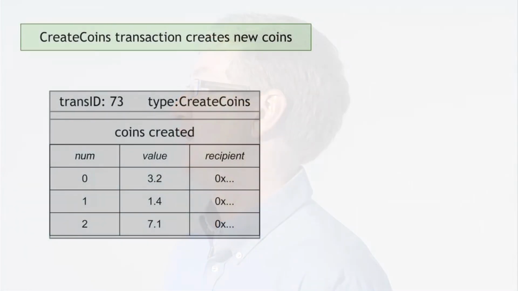All right. So in Scrooge Coin, there are two kinds of transactions. The first kind is a create coins transaction, and what it does is create new coins. That's like the operation Goofy could do in Goofy Coin that makes a new coin. But here, we're going to allow multiple coins to be created in one transaction. So here's what a create coins transaction looks like. It has transaction ID number 73, let's say in this case.